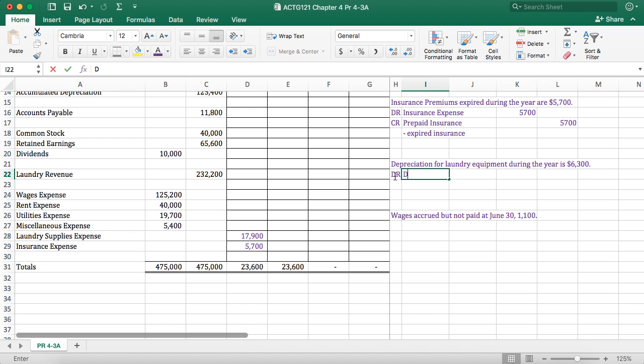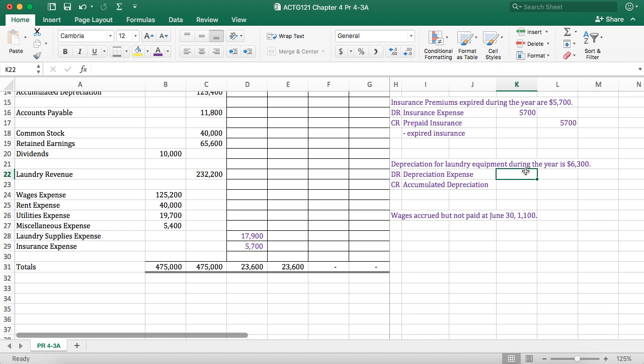That means the debit goes to the depreciation expense. That's the DE part. And the credit goes to accumulated depreciation. So if we think of dead, an asset dying or decreasing in value, the debit should always be to the DE, and then the credit should always be to AD, depreciation expense, accumulated depreciation.